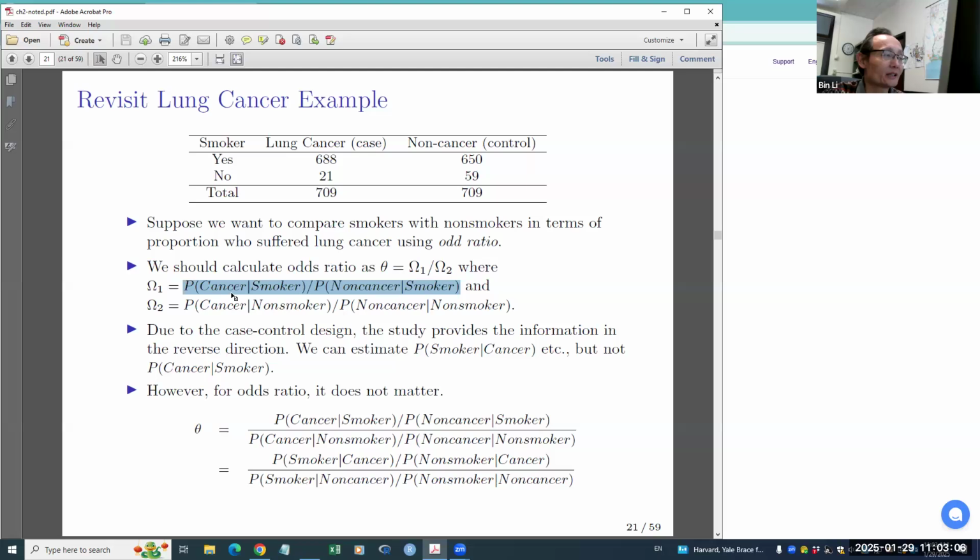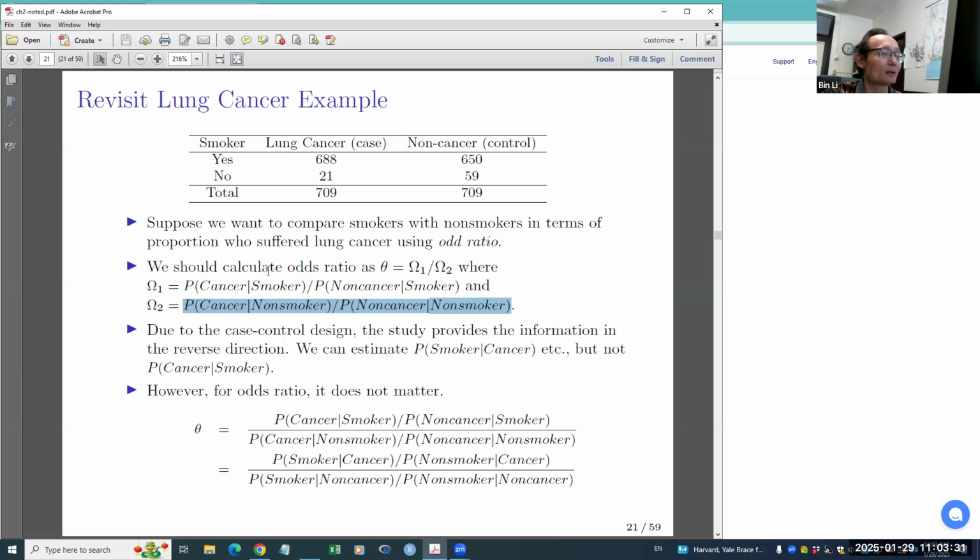It is the probability of getting lung cancer given smoker over non-cancer given smoker. That's the odds among the smokers. And this is the odds among the non-smokers. And then the ratio of these two is the odds ratio, okay?